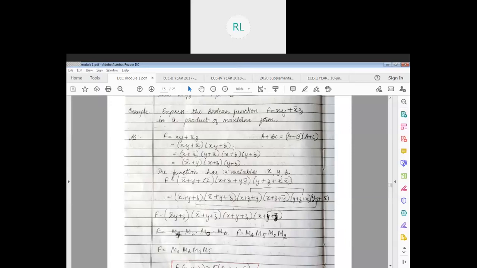Okay, so the same rule is applied here. So here we will see that xy is taken like a, and your bc, b is here x bar and c is z.